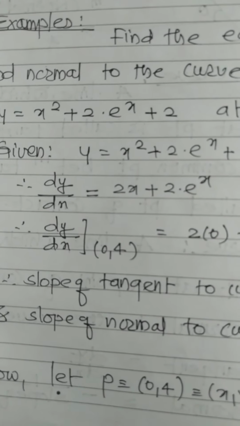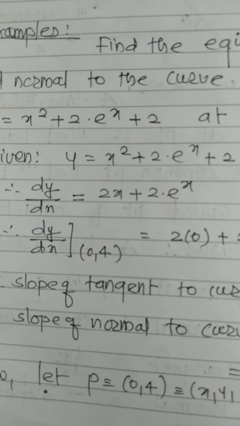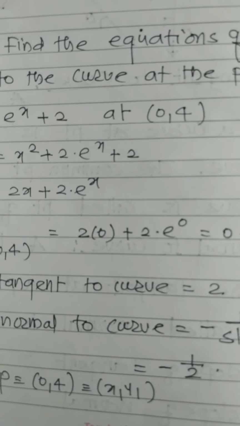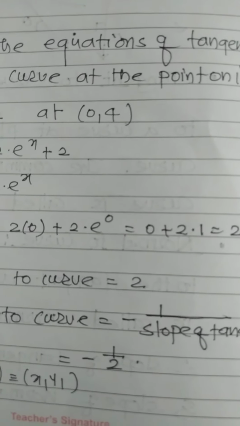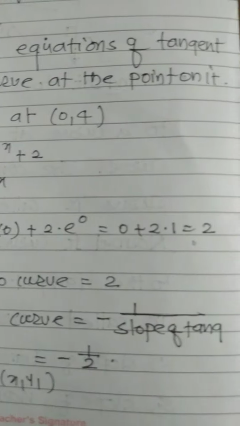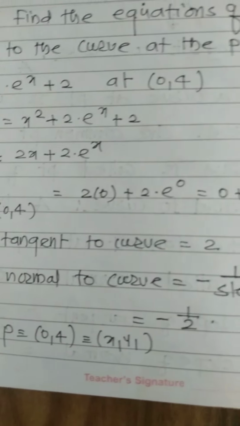Now we calculate the slope at that point. Put x equals 0 and y equals 4, so it becomes 0 plus 2 into e raised to 0, which is 1. So the slope of the tangent to the curve at that point is 2.